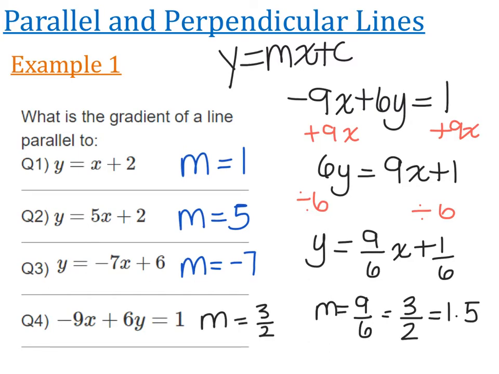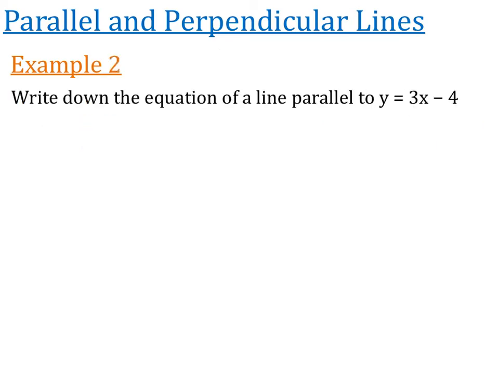All right, I've got a few more examples of parallel lines and then we'll move on to perpendicular. A very common exam question: write down the equation of a line which is parallel to y is equal to 3x minus 4. So hopefully you remember that if it's parallel, it has the same gradient. So y is equal to 3x, and then you can put any number that you want after this.